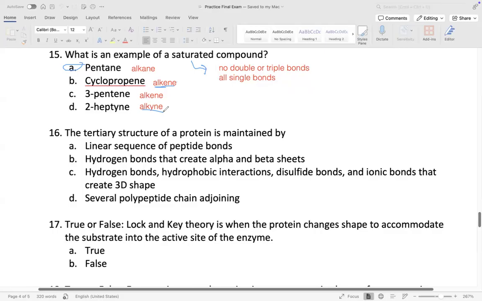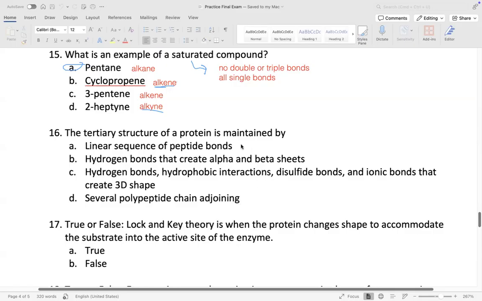Your other answer choices would probably be all alkanes. So you would just choose the alkene or alkyne, and then everything else would probably be alkanes.